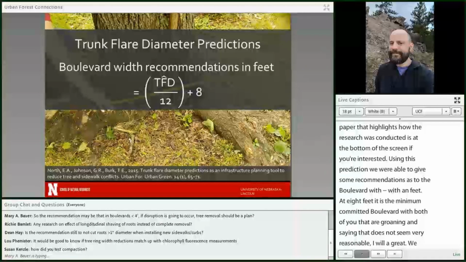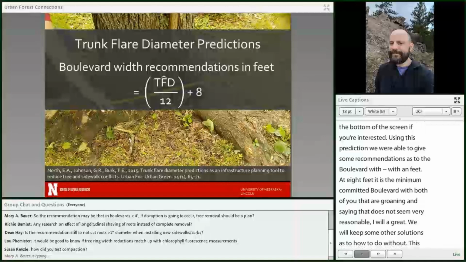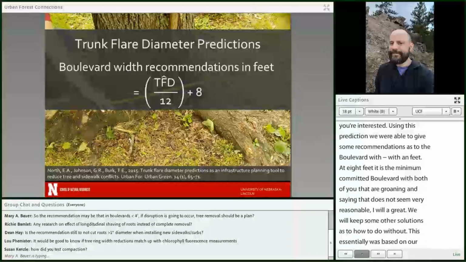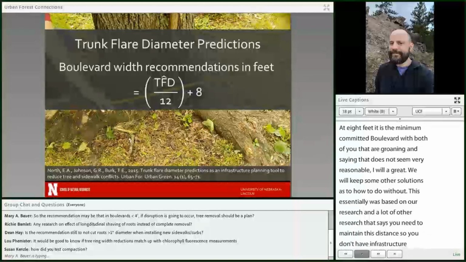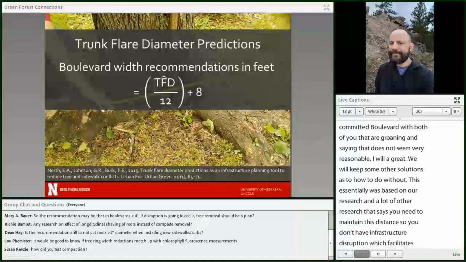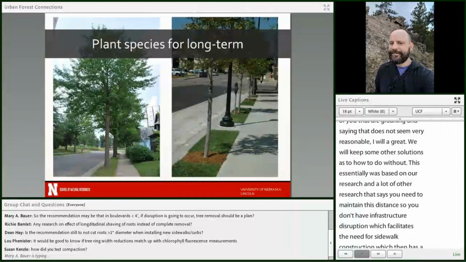But this essentially was based on our research and a lot of other research that basically says you need to maintain this distance so that you don't have infrastructure disruption, which facilitates the need for sidewalk construction, which then has a probability of damaging and disrupting those trees.